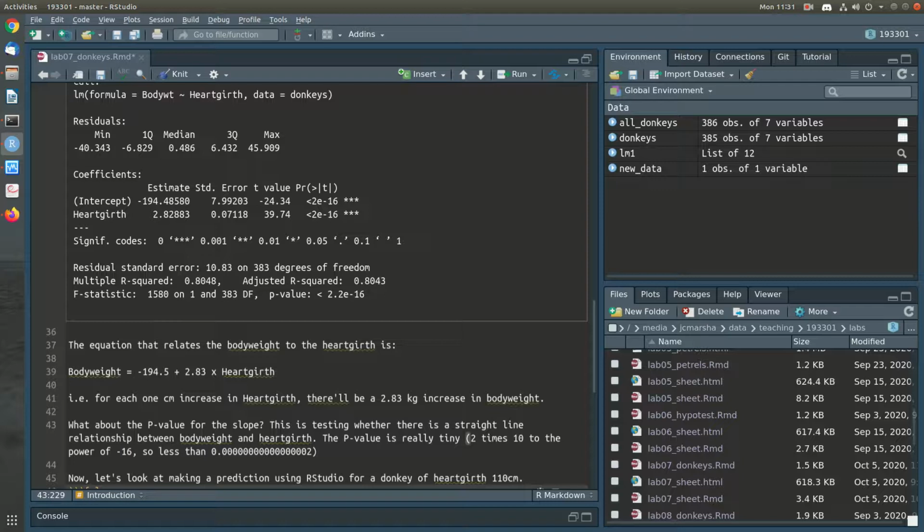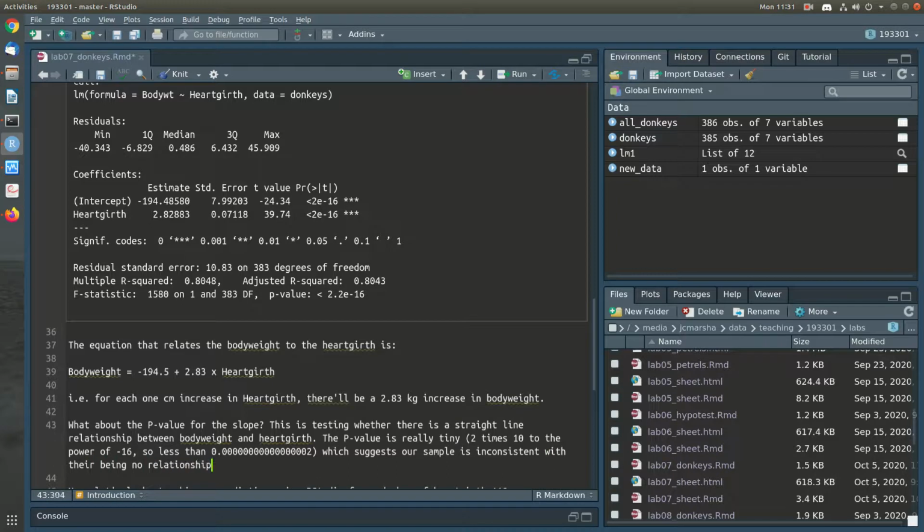Right. Which suggests our sample is inconsistent with there being no relationship between body weight and heart girth. So our conclusion would be that there is a relationship.